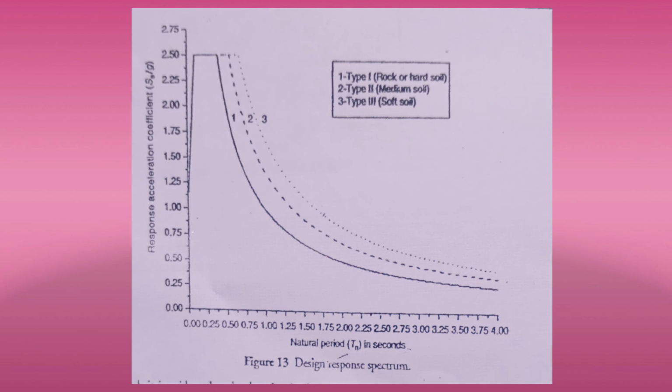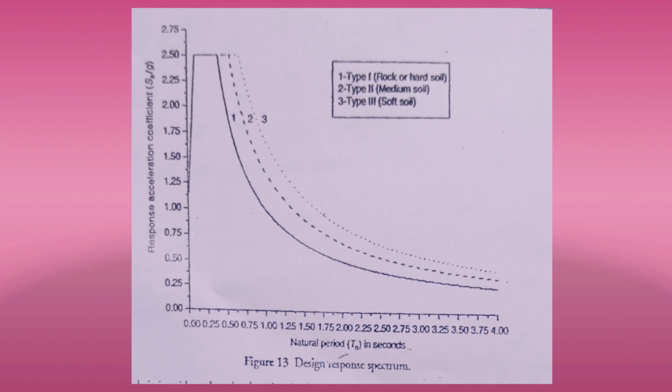in terms of acceleration due to gravity, that is g, as Sa by g. It is independent of peak ground acceleration, and can also be used for different values of maximum expected acceleration for the site. This is regarding the design response spectrum.